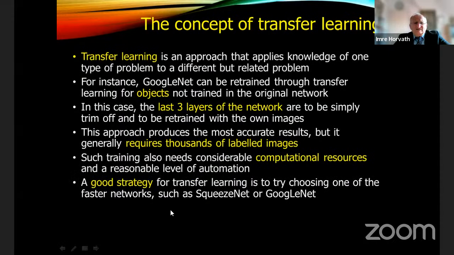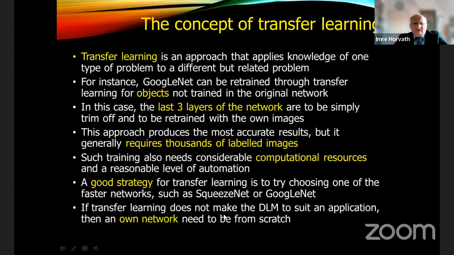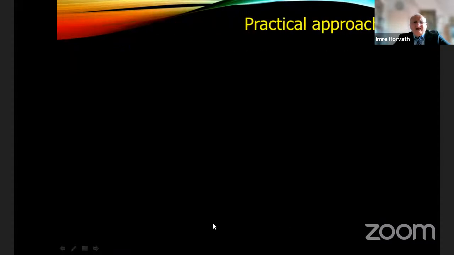A good strategy for transfer learning is to try choosing one of the faster networks, such as SqueezeNet or GoogLeNet. If transfer learning doesn't make the model fit the application, then an own network needs to be generated from scratch.